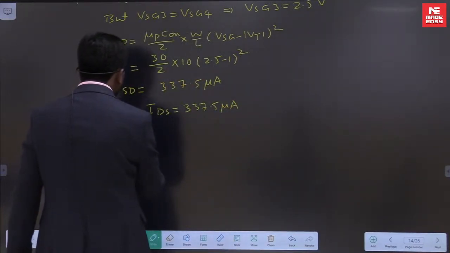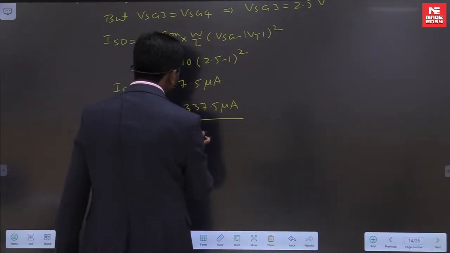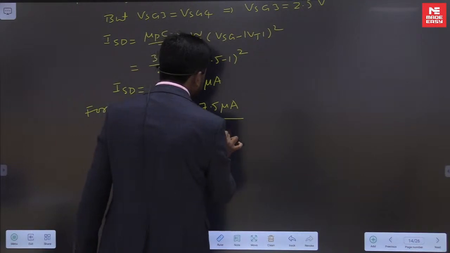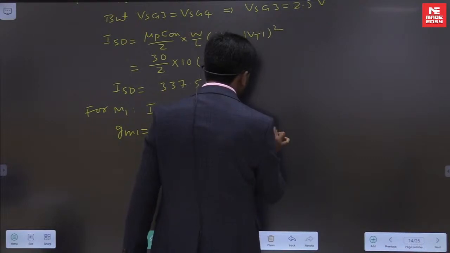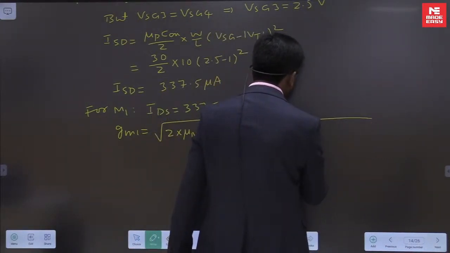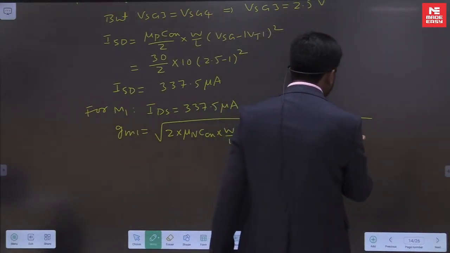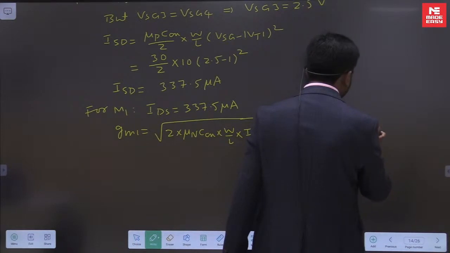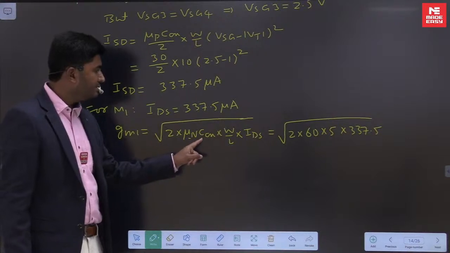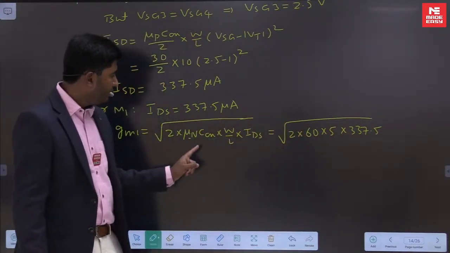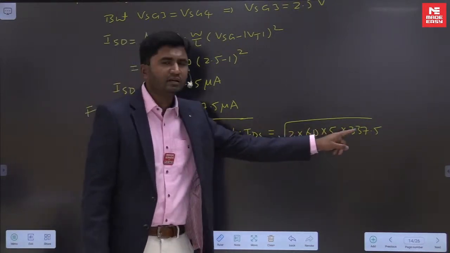Then calculate gm1, the transconductance. You know how to calculate transconductance? Square root of 2 into mu n COX into W by L into drain current. Substitute all the values here. 2 into mu n COX, which is 60 microampere per square volt, then W by L for NMOS is 5, and current equal to 337.5 microampere.